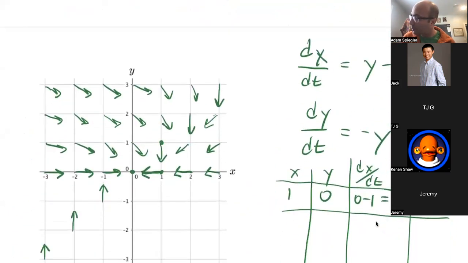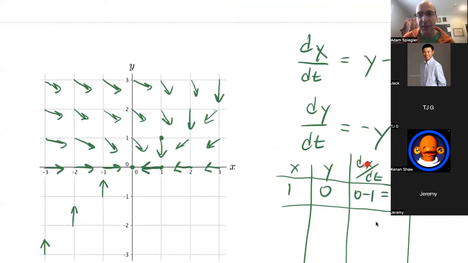Looking at this differential equation, we can see that whenever y is positive, dy/dt is negative. Whenever y is negative, dy/dt is going to be positive. So all of these vectors are pointing down since y is bigger than 0, dy/dt is negative.